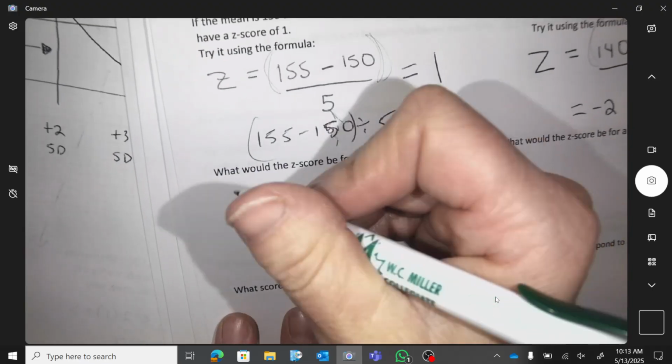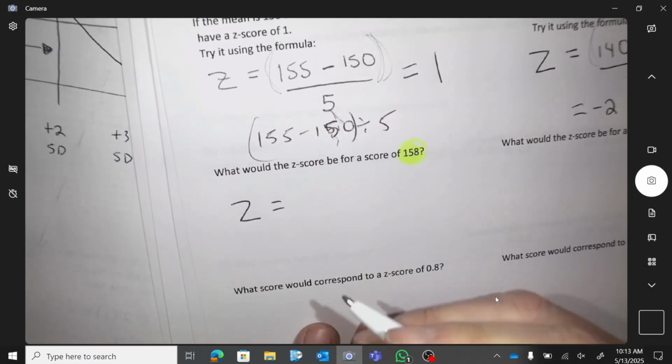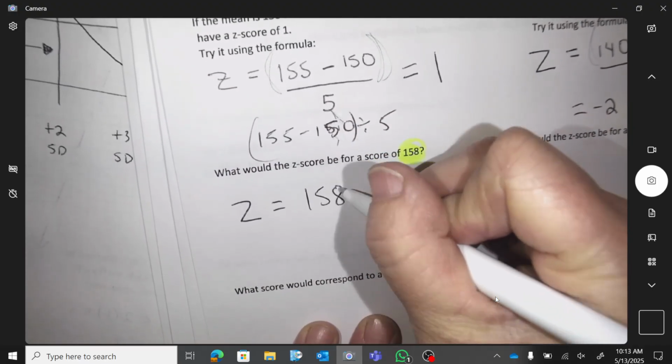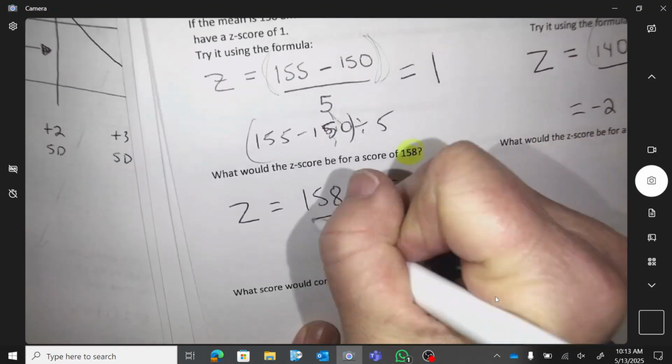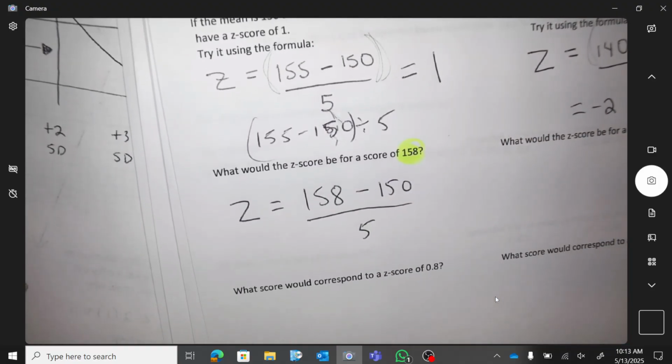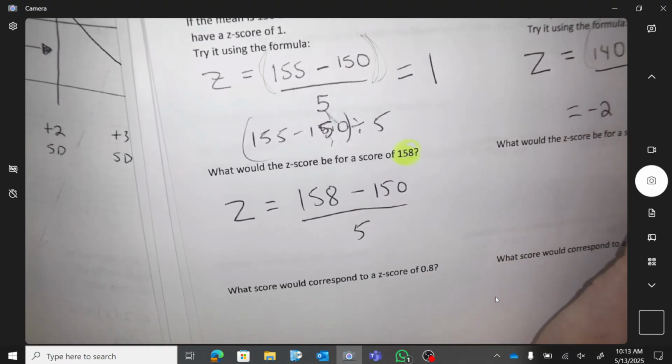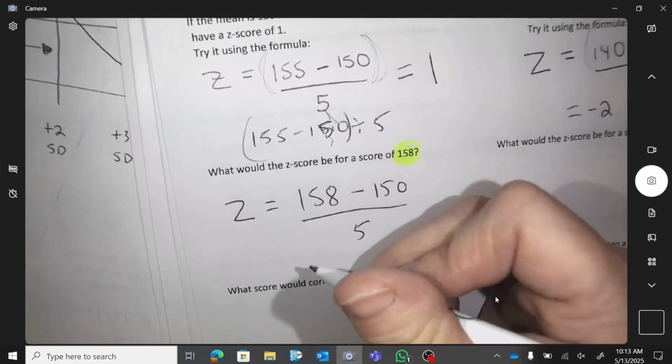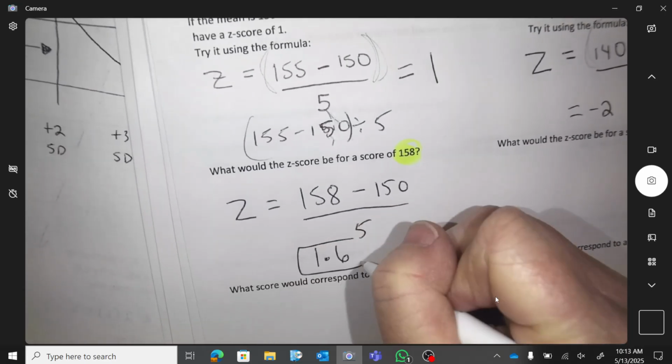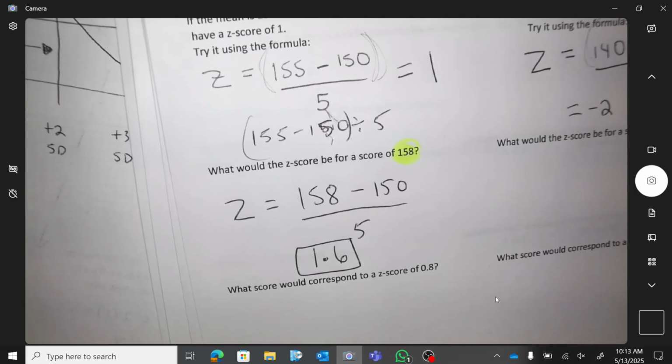Okay, so here I go. Z equals 158, subtract the average, over the standard deviation. And I got 1.6. So you're 1.6 standard deviations higher than the average.